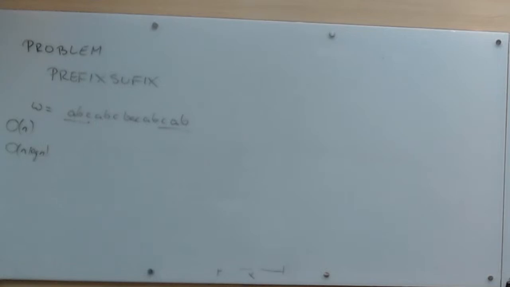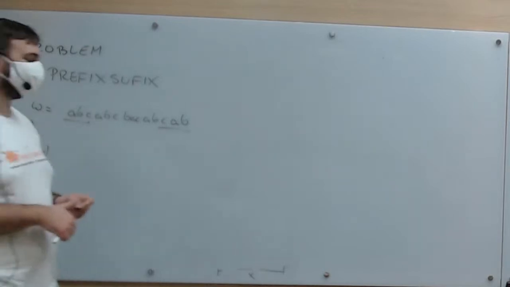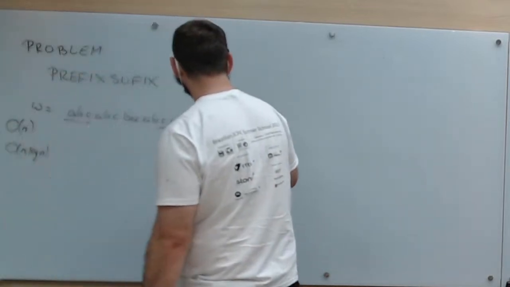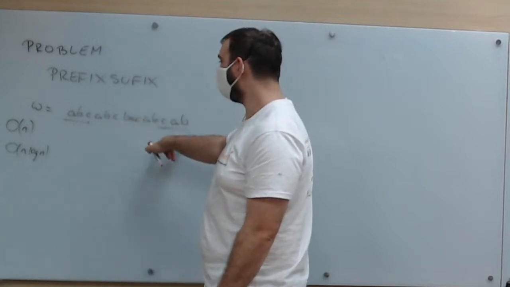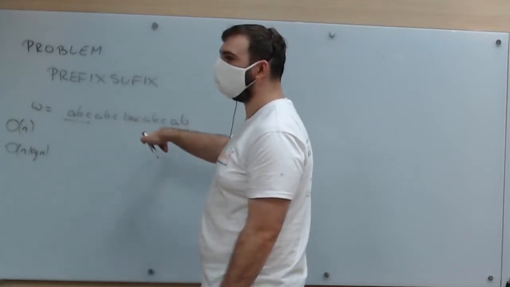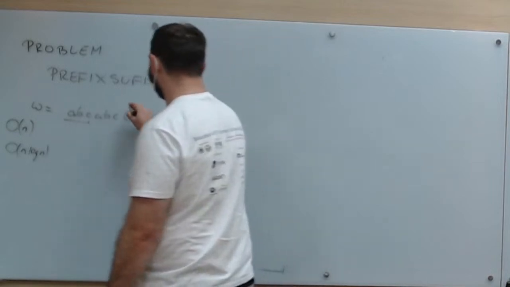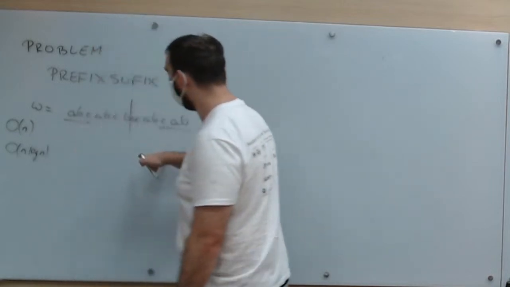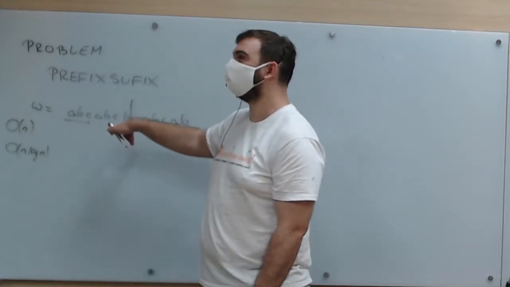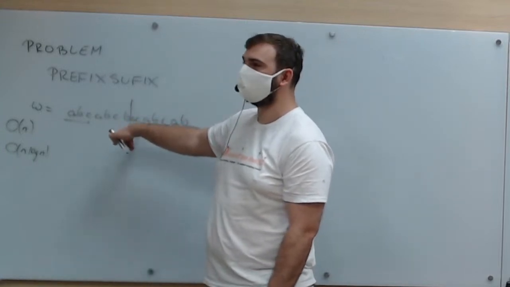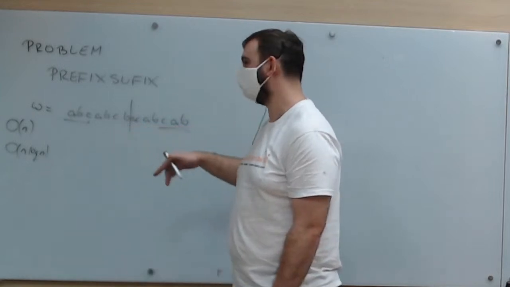Okay, I will give you some ideas and you will try to tell me why this idea is stupid or is not stupid. I want to take this word and divide it into two smaller words, each exactly half of the original. So I'm just taking something in the middle, and if the length of the word is odd, then I just don't care about the middle letter, I exclude it.